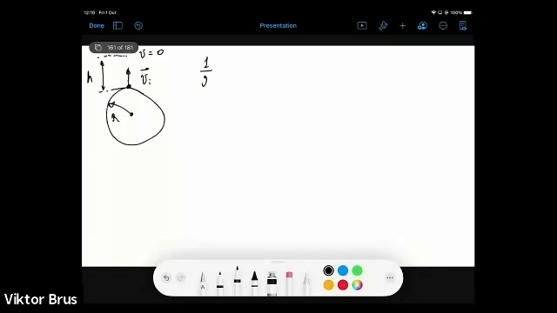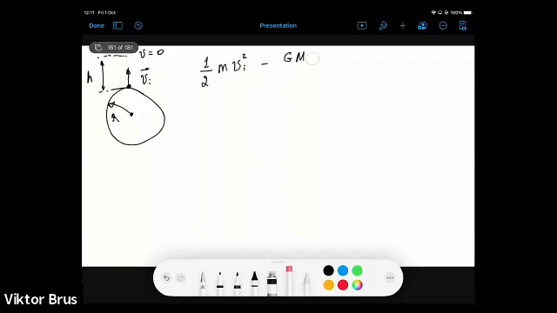So 1/2 times the mass of this projectile times its initial velocity squared, this term stands for initial kinetic energy. Then we have a certain potential energy, which is minus G, gravitational constant, times the mass of the planet.